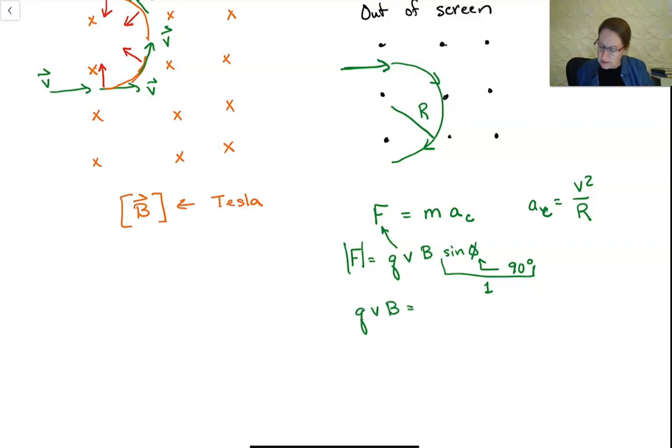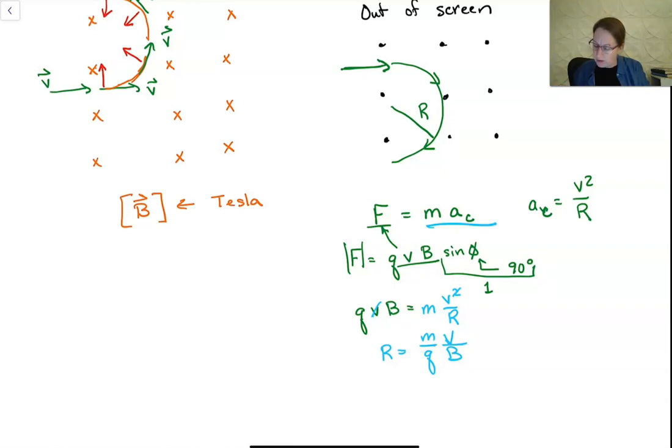Then qvB is equal to mv squared over r, or I can solve for r. One of these v's goes away, and r is equal to m over q times v over B, or mv over qB. And so you can get solutions for how big a circle.